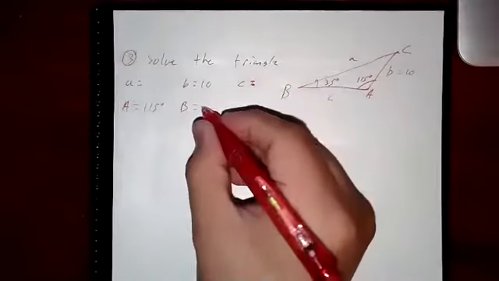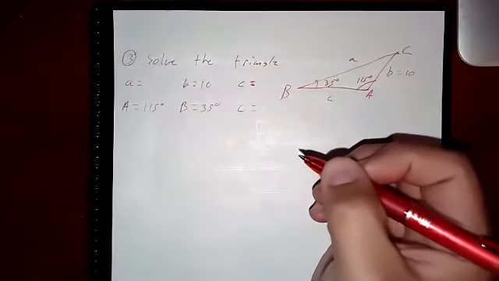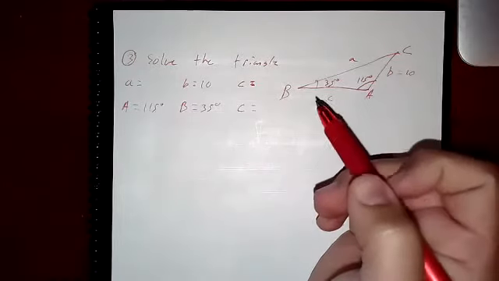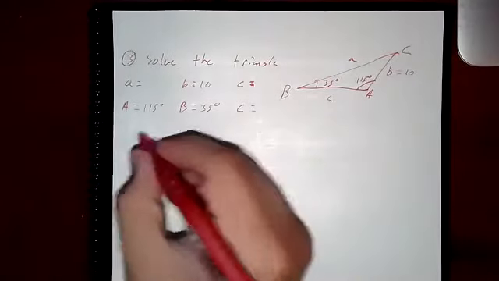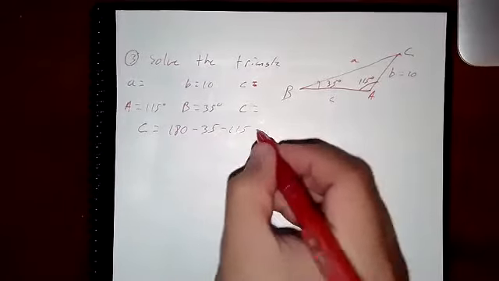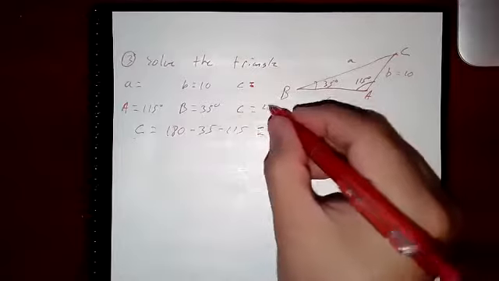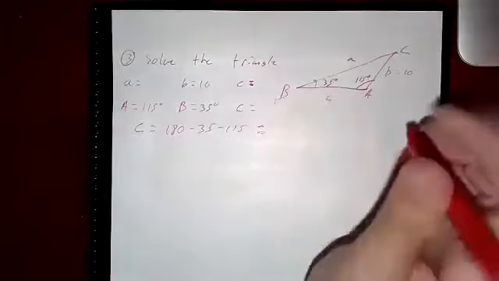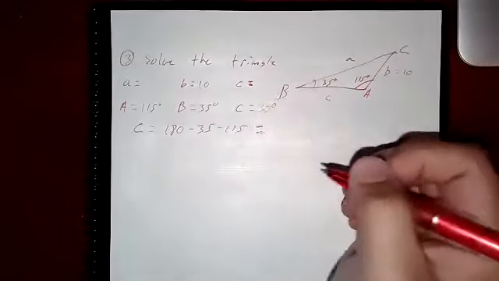Capital B is 35. So what is capital C? All right, subtract from 180. C should be 30. So we got all the angles now.